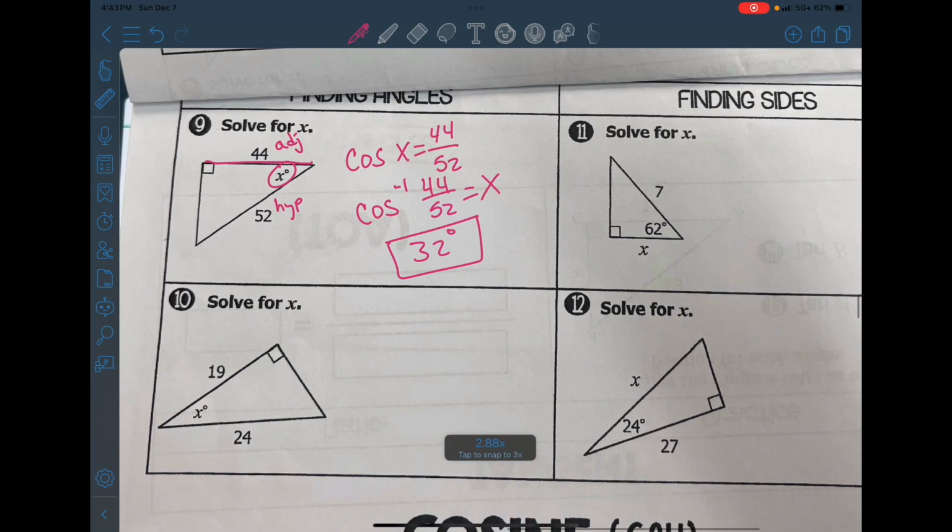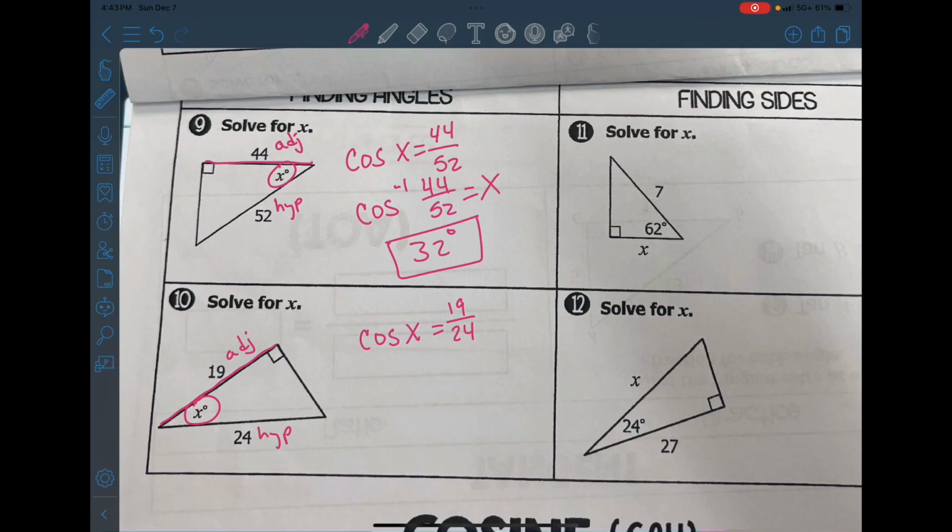We look at number 10. Same thing. We're looking for a degree. So we're probably going to use our inverse cosine. And our hypotenuse is 24. And this side touches that x. So that's our adjacent. So it tells me I'm going to use cosine. And so it's going to be cosine of x equals adjacent over hypotenuse.